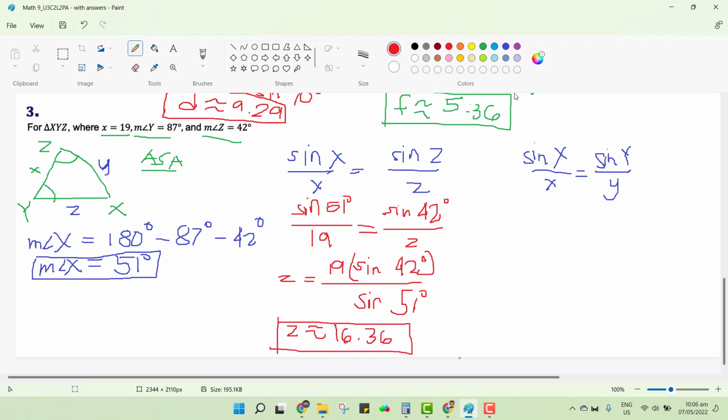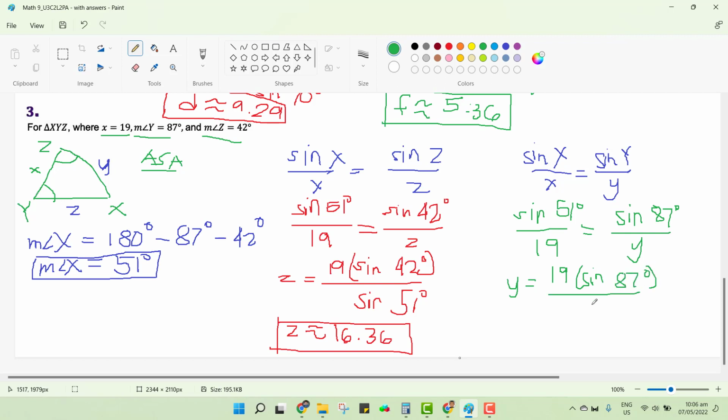For the other one, we have sine x, which is 51 degrees, divided by 19, equal to sine y, which is 87 degrees, all over the value of y. Manipulating that, you will have y equals 19 sine 87 degrees all over sine 51 degrees.